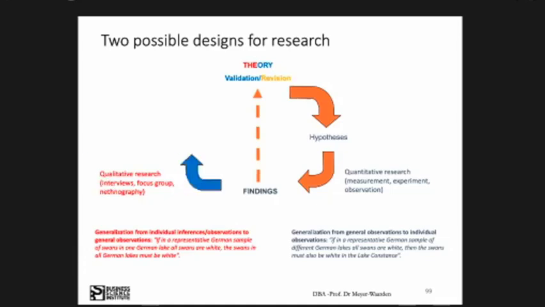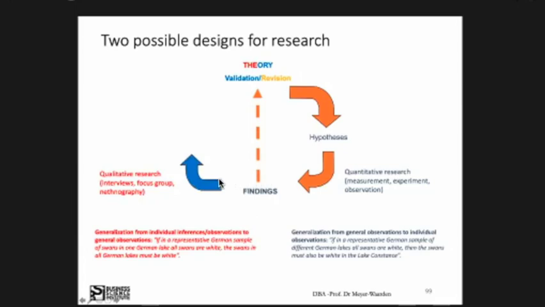And from these findings, you will validate or revise or reject theory. So it's a circle. From theory, you test the theory, and from the findings, you validate your hypothesis and thus theory, or reject your hypothesis and thus reject and revise theory.